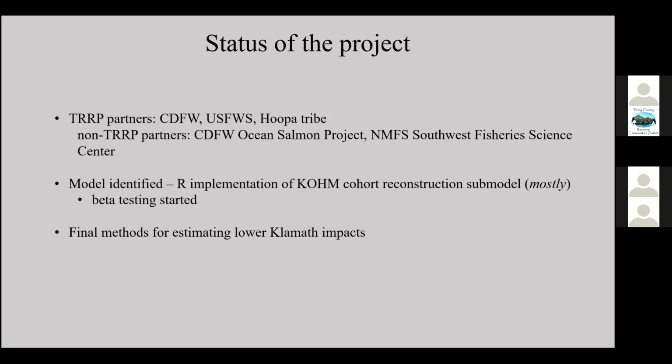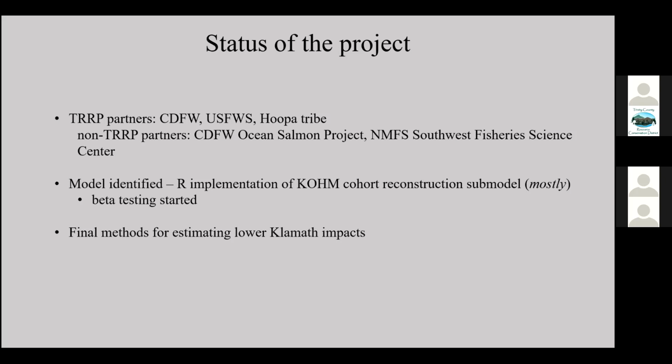Once that's completed, I'll be able to share it with other agencies within TRRP. Running the model at that point should be relatively trivial and quick. We already have all the data, it just has to be formatted and run through it. And then of course the report has to be written.